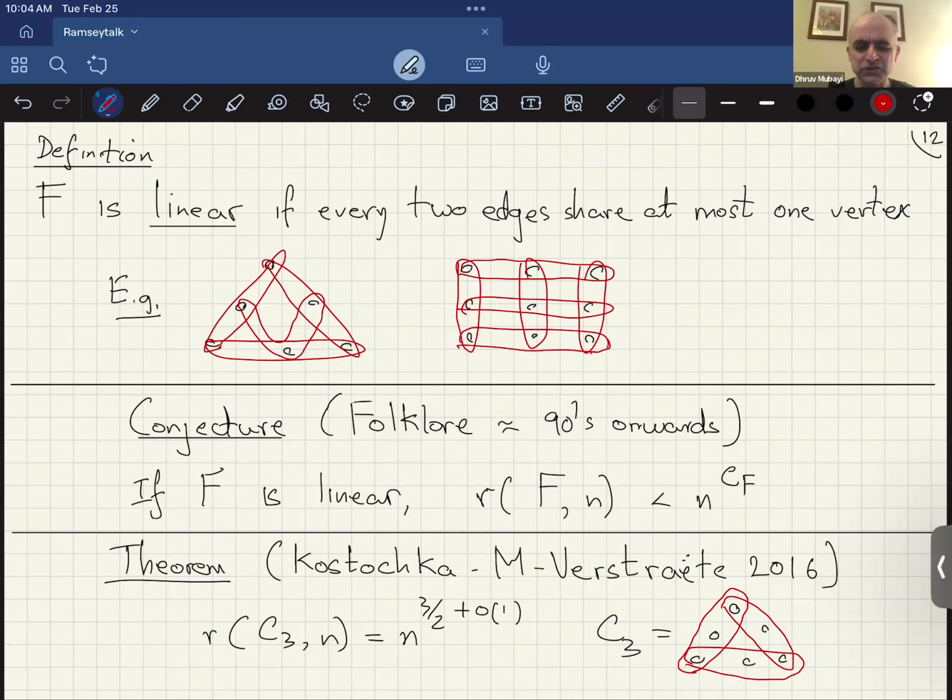It is very difficult to show that it is n to the 3/2. In fact, this was in some sense a precursor to the result of Jacques and Matthias that R4T is T cubed. The ideas used in this construction were very similar to the ideas used in the R4T construction as well. So this was a widely believed conjecture that linear hypergraphs have polynomial Ramsey numbers.